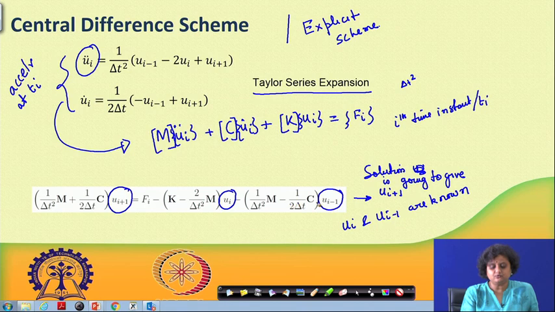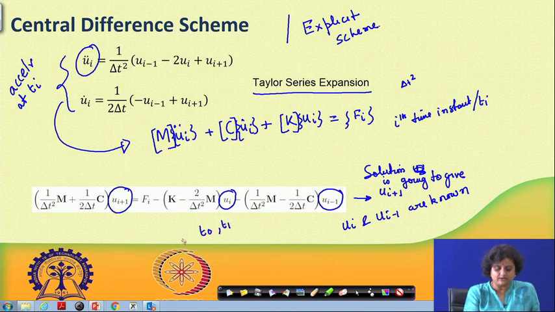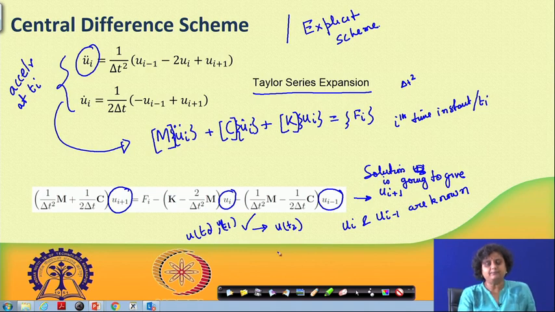Once I know u at t0 and t1, I can find the response at t2, and so on. I will keep getting the next value and therefore I will know the entire time response of u.